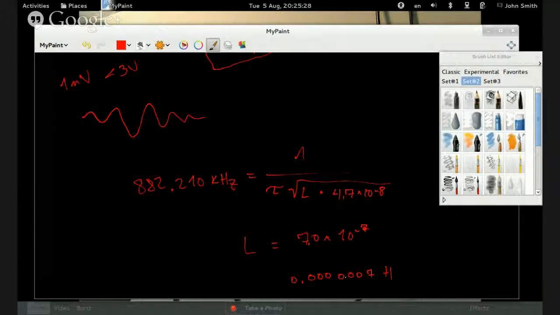Micro? See, that's micro. I don't remember my SI prefixes. What are my SI prefixes? Metric prefix. Here we go. Micro is right there, so that's 0.7 microhenries.